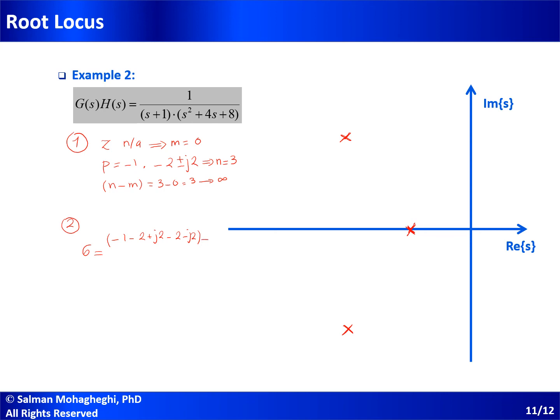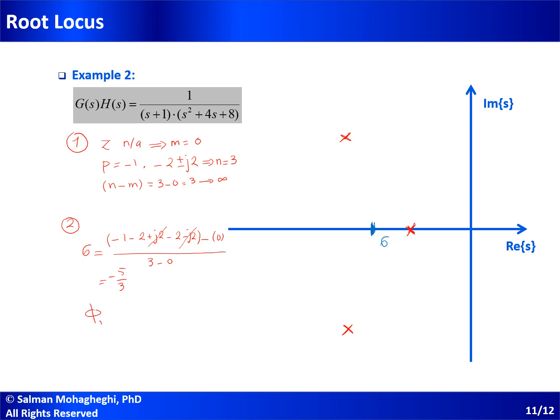I don't have any zeros, so I can just leave a 0 here, divided by 3 minus 0. The j2 cancels out minus j2, so I will have -5 divided by 3. This is where the three asymptotes will intersect. Let's say -5 divided by 3 is more or less somewhere here. So that's my sigma.